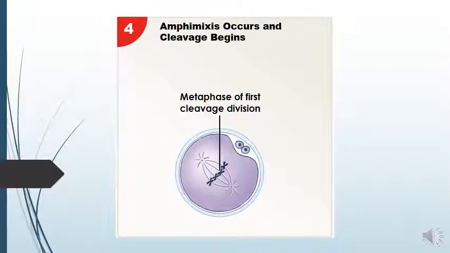In this slide, you can see that amphimixis occurs and cleavage begins. Amphimixis is actually when the male and the female pronuclei fuse. And then you can also see in this picture the metaphase of the first cleavage division.